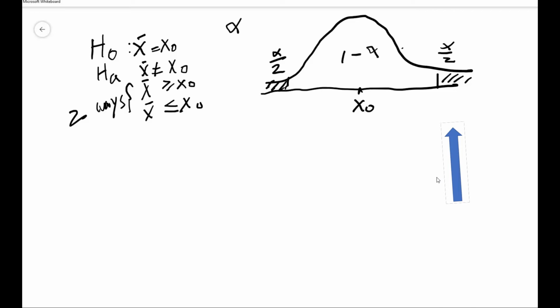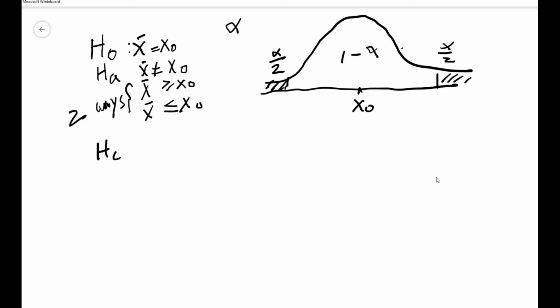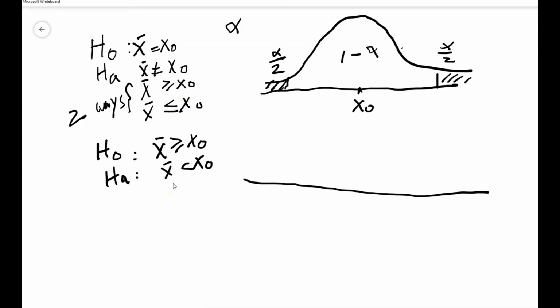So let's look at the one-sided. Our hypothesis is larger than or equal to x0, and then the alternative hypothesis is not true. For a one-sided test, we draw a similar distribution. Sorry for the ugly shape.